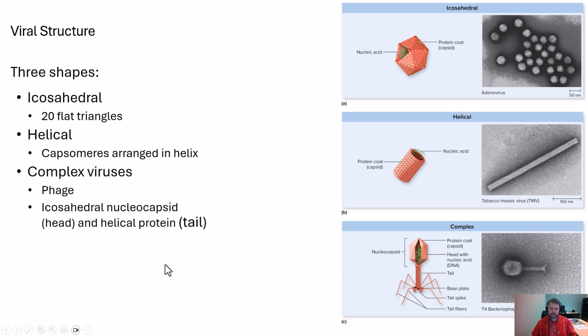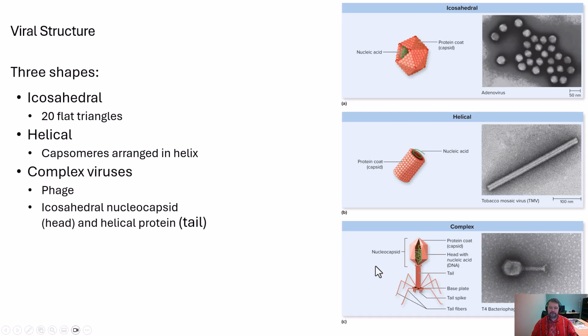And then there are complex viruses. We often think of them as having a head region and maybe a tail region or a body-like region. That head region could be icosahedral, and the tail region could be helical. So it's like the combination of these 2 other shapes together in one entity, one pathogenic, non-living virus.